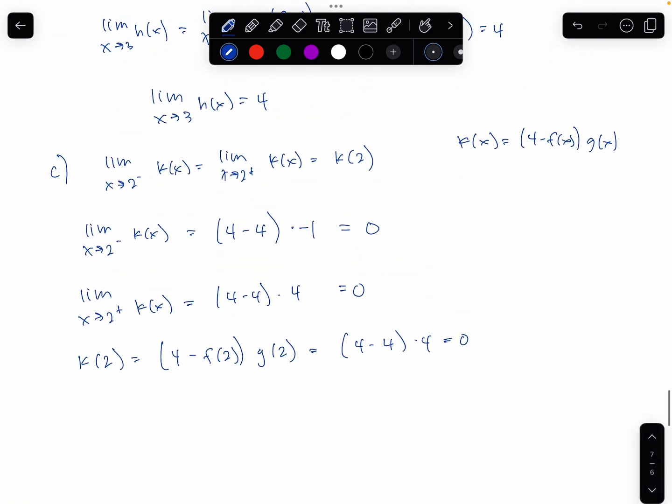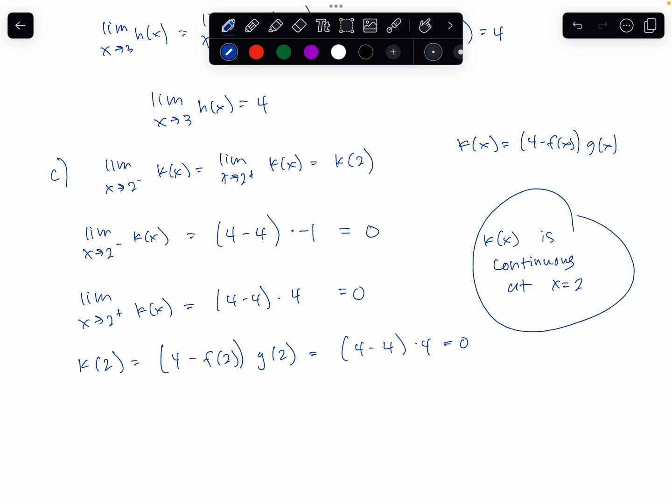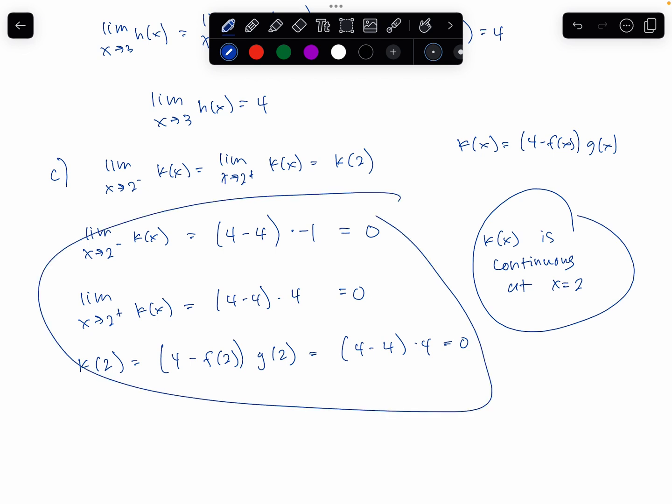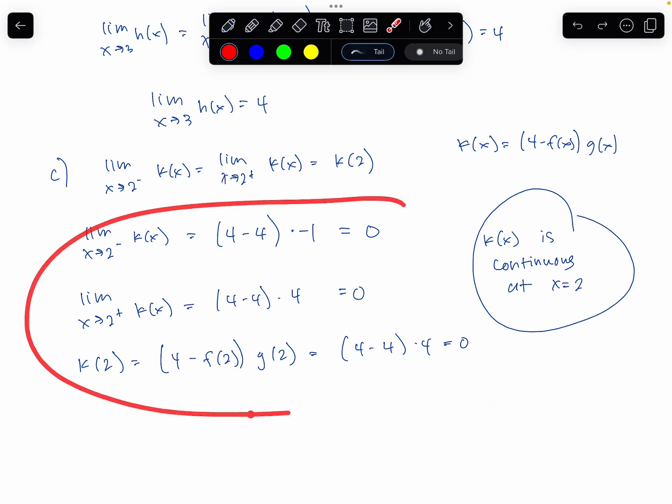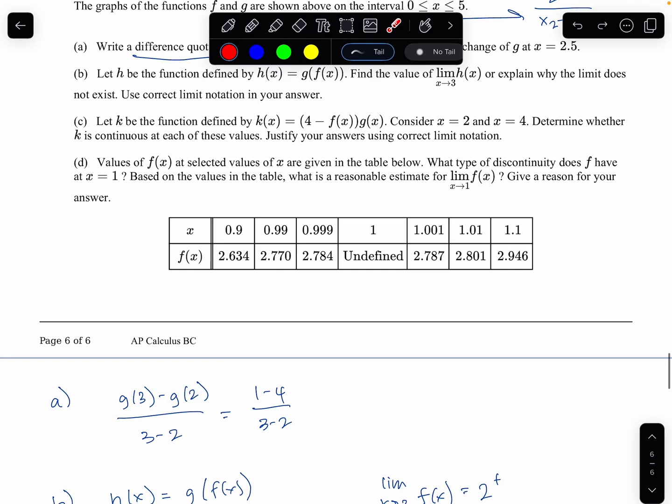So we have shown that all of these are equal to each other, so k of x is continuous at x equals 2. And we have all our justification right here. This is all the work that you need.